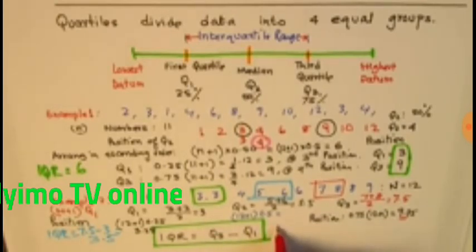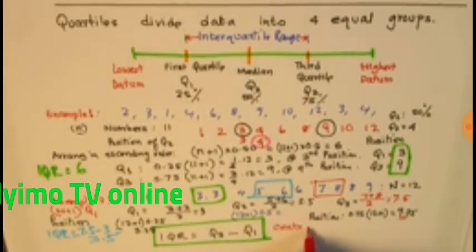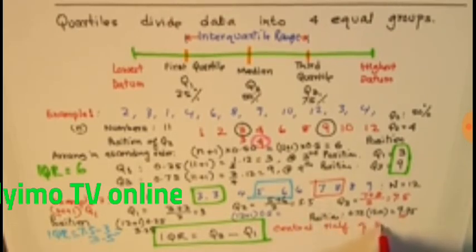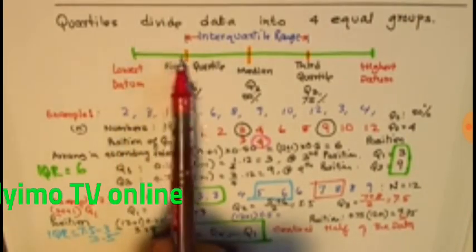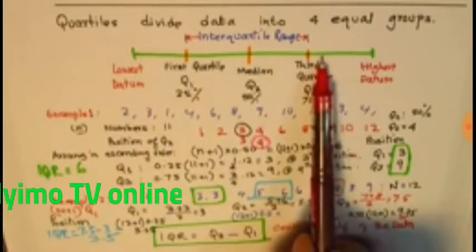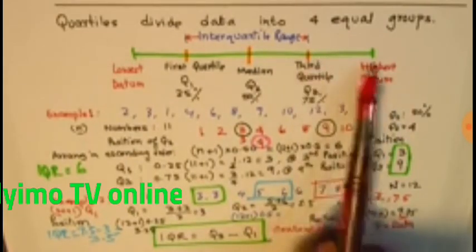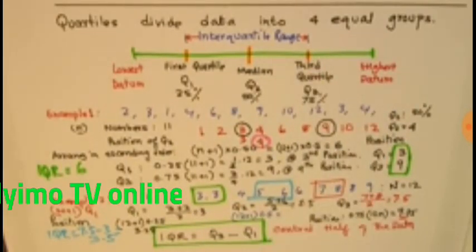So we can call this the central half of the data. Now one quarter is towards the lowest quartile, the other quarter is towards the highest quartile, and between this is the interquartile range. So that is how we can separate out the data and analyze it.